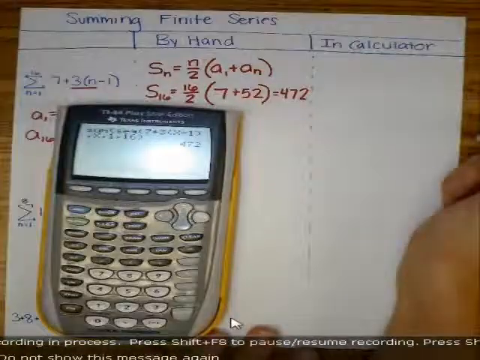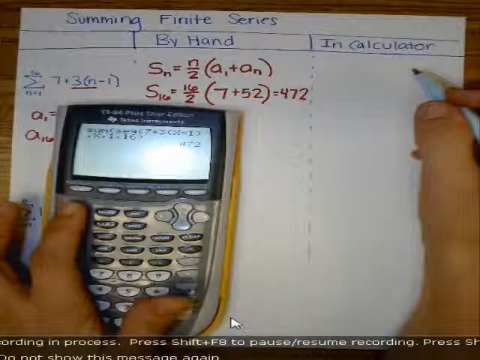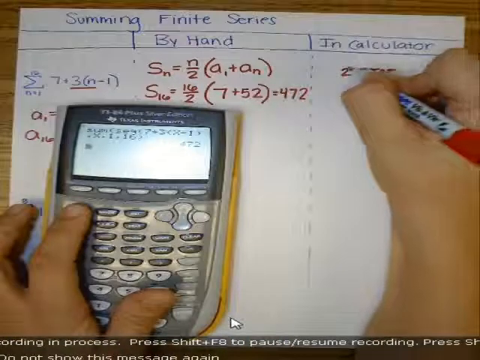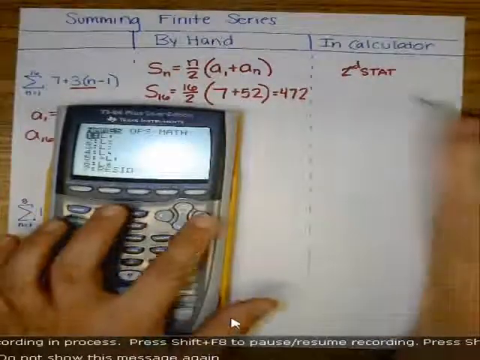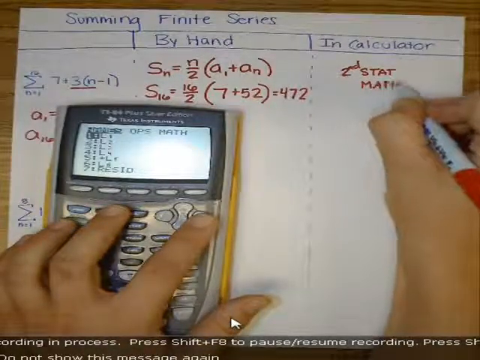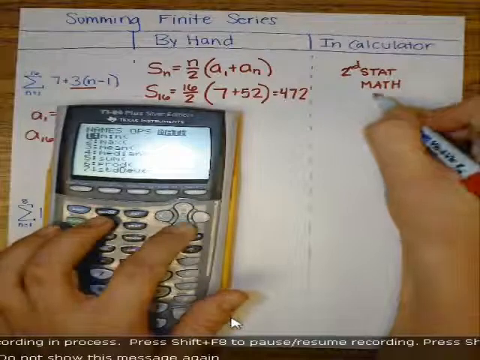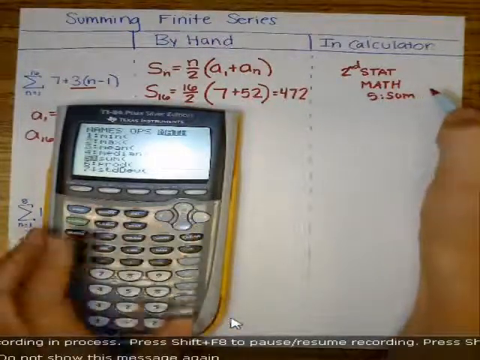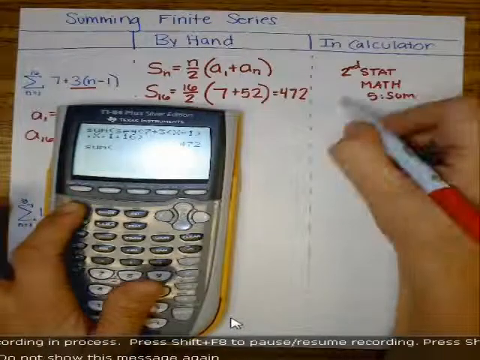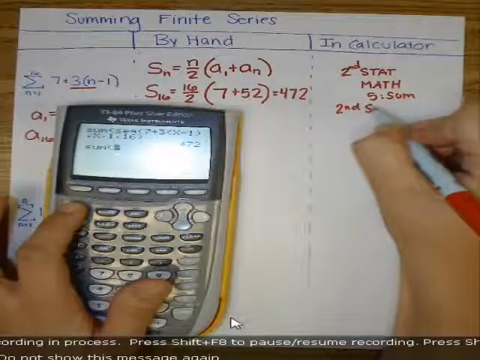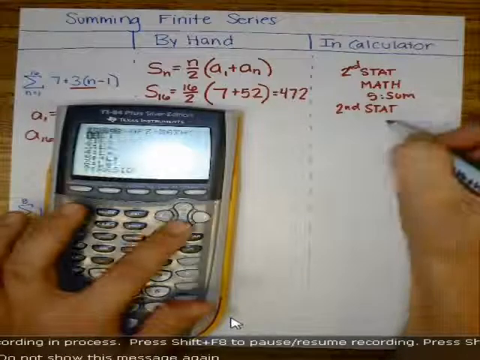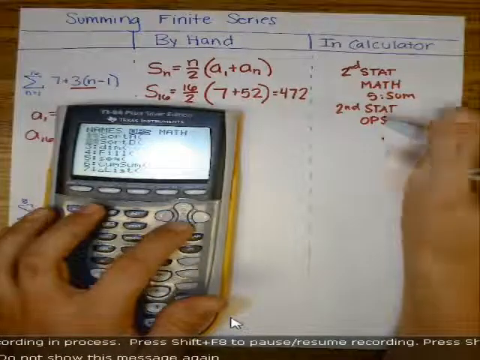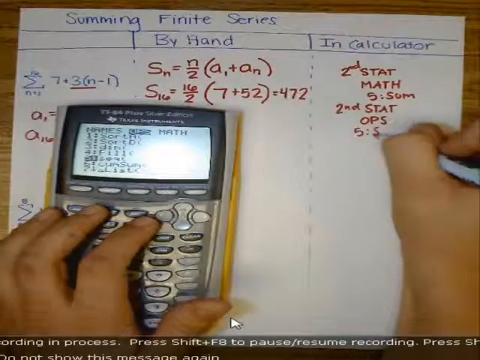We were right. So let's go over those steps one more time. Second stat, go over to math, and scroll down to number 5, the sum. Go back, second stat, scroll over to ops, down to number 5, the sequence.